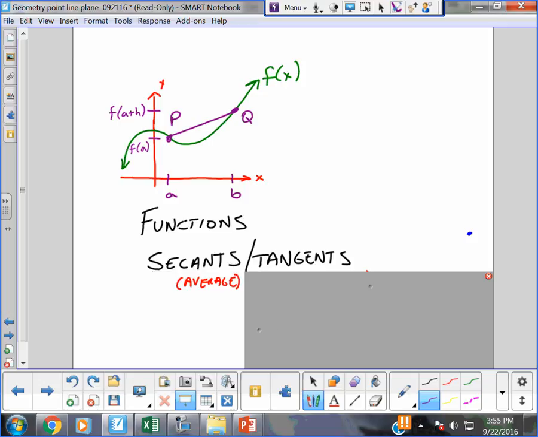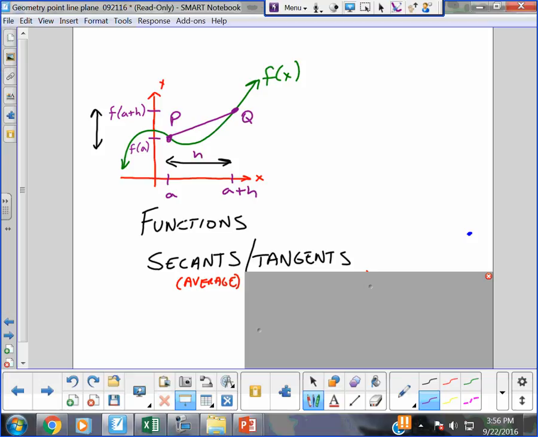So the secant line is going to have an average. Averages are secants. And when I look at this, this line is going to have a rise over run. The rise is the y value here. The run is the value here. But you notice I have a plus h up here because instead of b, I want to think of this point as some distance a plus h to the right.